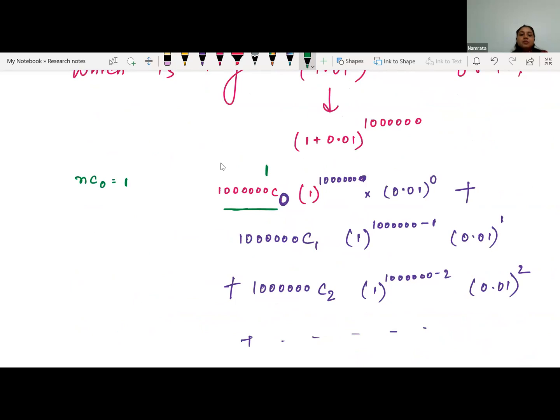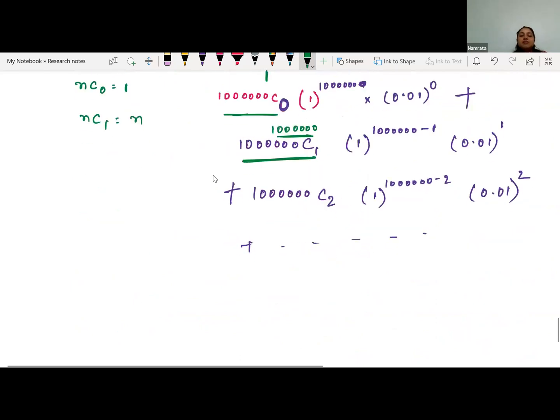Yes, ma'am. And what will be nC1? It is n, so this will be 1, 2, 3, 4, 5, 6. Let's keep this much only. We are not going to calculate nC2. For at least a two-term expansion, from the first term we get 1, since 1 to the power anything is just 1 and 0.01 to the power 0 is nothing. So the first term is only 1.